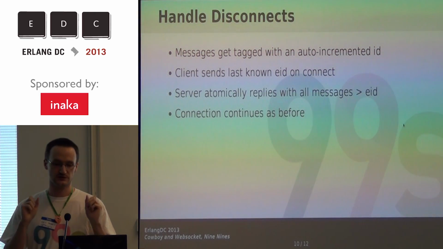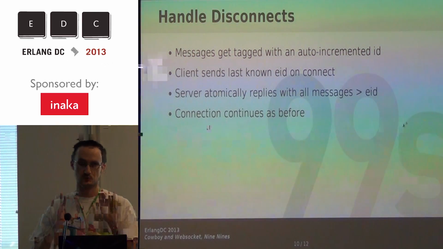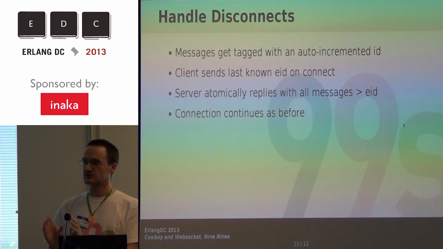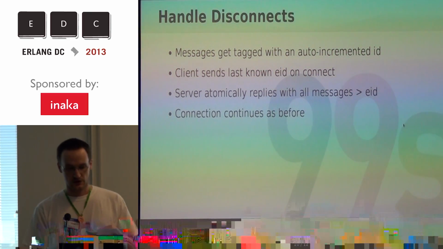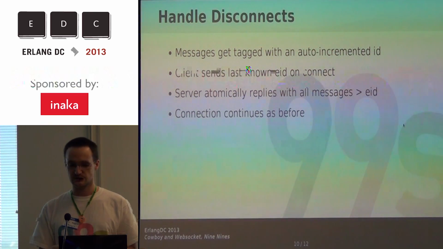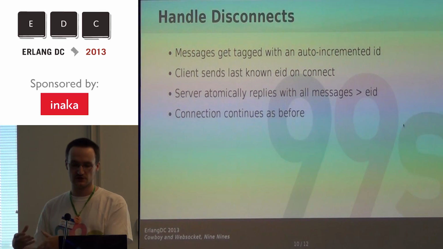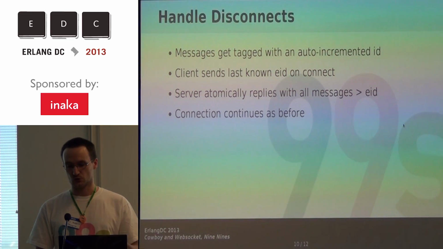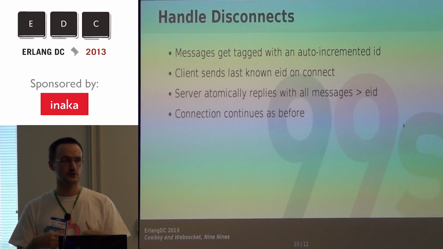So when the disconnection happens and the client reconnects, it simply passes this number on reconnecting, and the server knows at which point it stopped receiving messages and sends everything since. And we avoid checking that it received, since this part of the state is stored in the client. It's the client that knows about this. And of course, once you send all the messages that it missed, you can just continue as before.